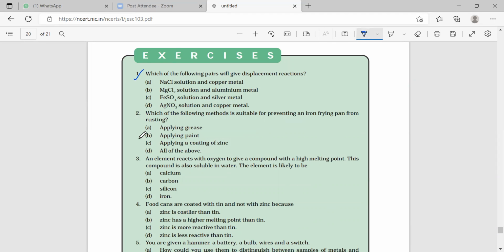Okay, please do questions number 1, 2, 3, and 4. These 4 questions you are going to do. This is from NCERT.